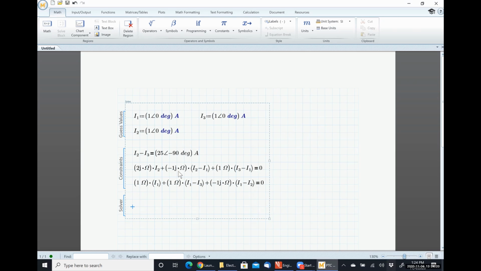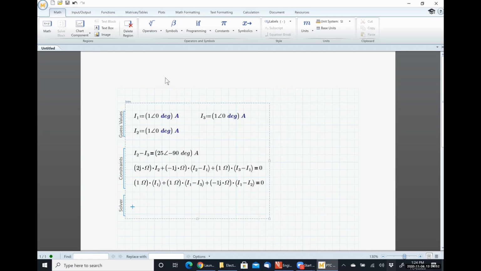And anytime I am multiplying my impedance by some combination of currents, I am also explicitly multiplying. So I'm not just typing the next thing in, I'm hitting the multiplication key and then doing it. Because sometimes when MathCAD sees things in parentheses, it treats it as a function of whatever is outside the parentheses. And that will cause this to go horribly awry. So if we remember to explicitly multiply every time we are multiplying things, it'll take care of that.